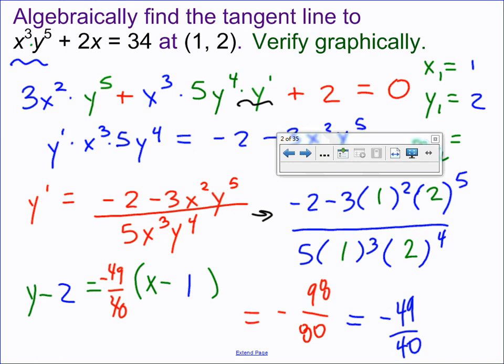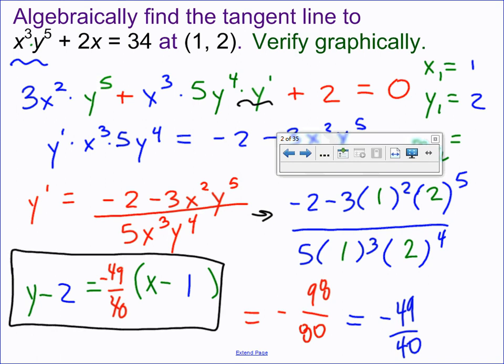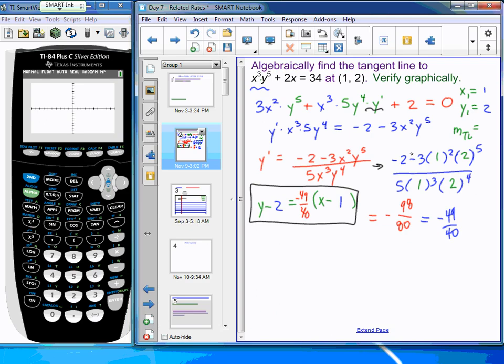So let's go ahead and see if this equation of the tangent line does in fact touch the curve at the point 1 comma 2. In order to do that, we'll have to rearrange my original expression for y.